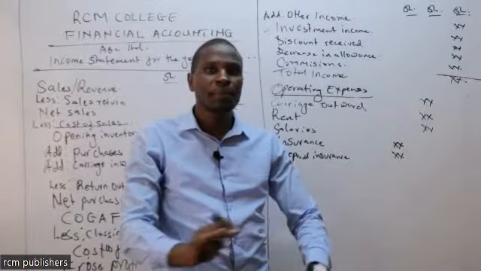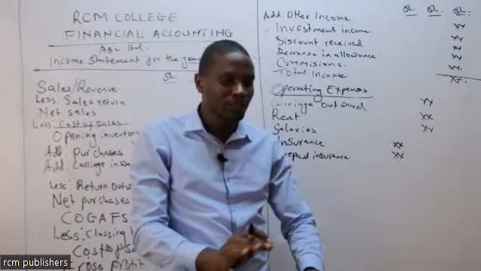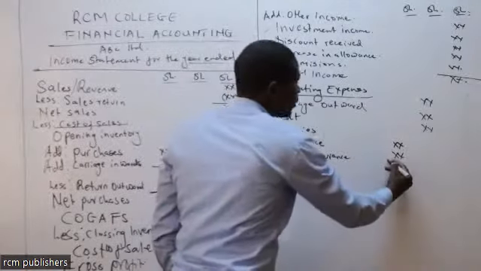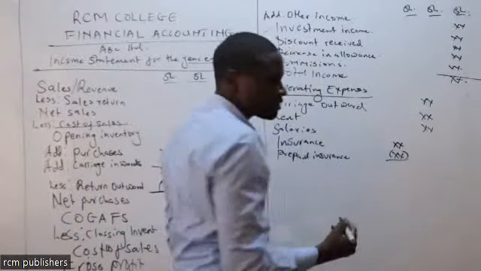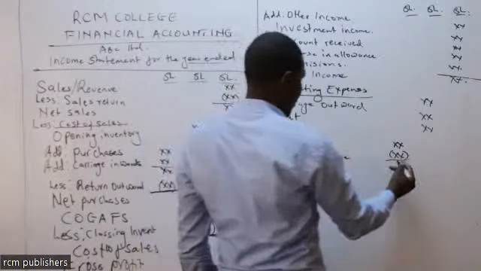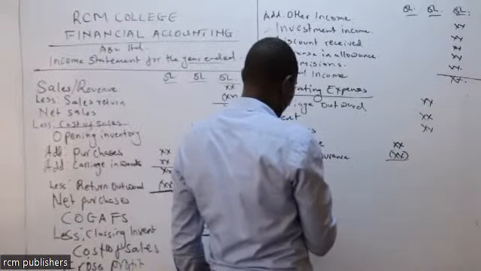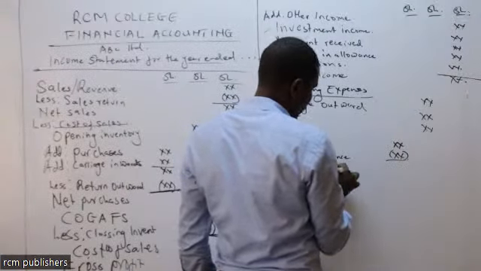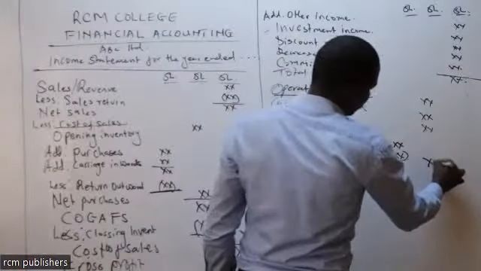Therefore, as we are preparing our income statement, we just deal with the expense for the end of the period. Therefore, we shall be having net insurance here.